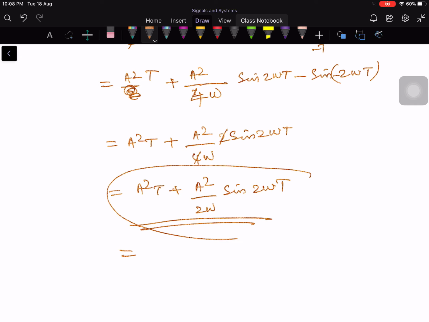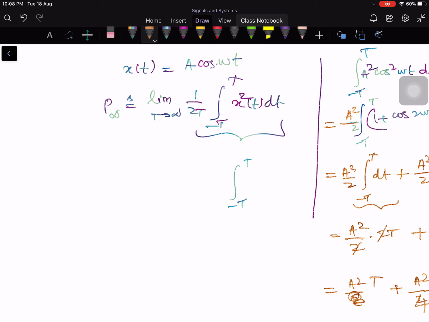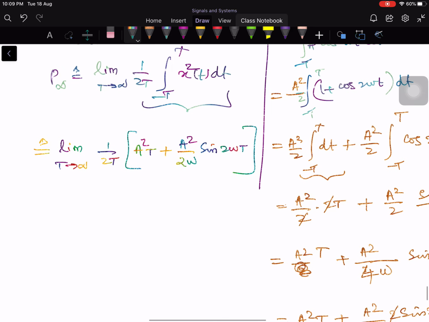So take this and plug it into the formula: A squared T plus A squared over 2 omega sin 2 omega T. By definition, limit T goes to infinity 1 over 2T times A squared T plus A squared over 2 omega sin 2 omega T. Now you take this limit inside.